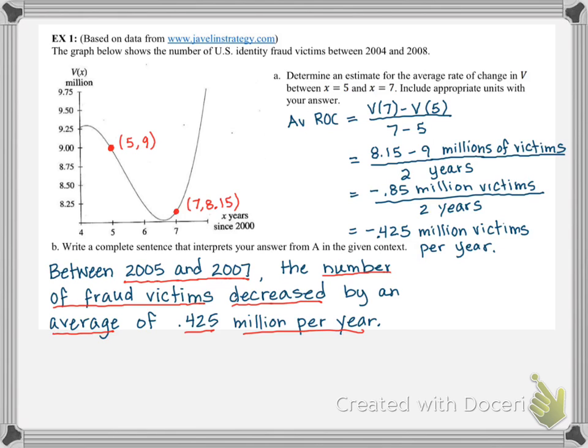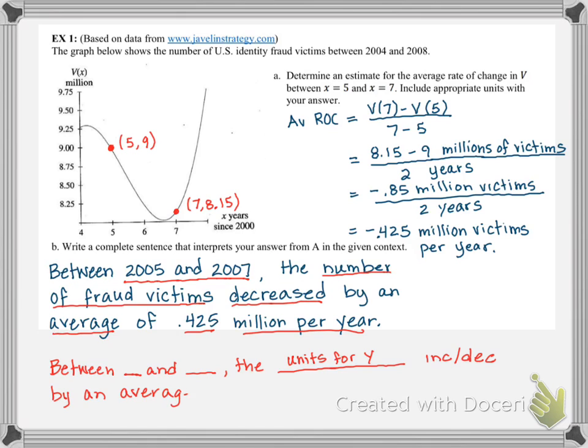So it would always go between blank and blank, the units for y, either increased or decreased, you just choose one, by an average of blank, so the number, and then your units.